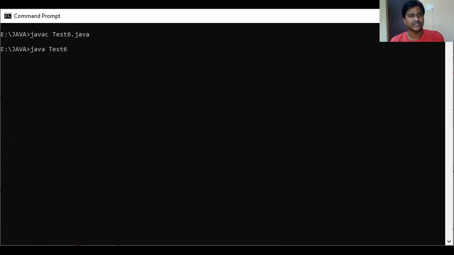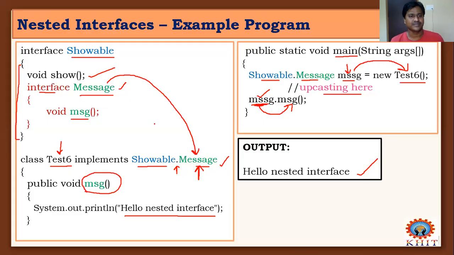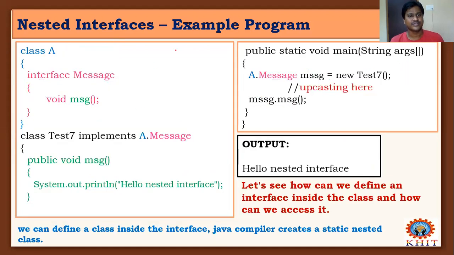Then execute Test6. Hello nested interface. Got it? The point is very simple here, and this can be considered a nested interface. So coming to another simple example for better understanding of this nested interface, right?